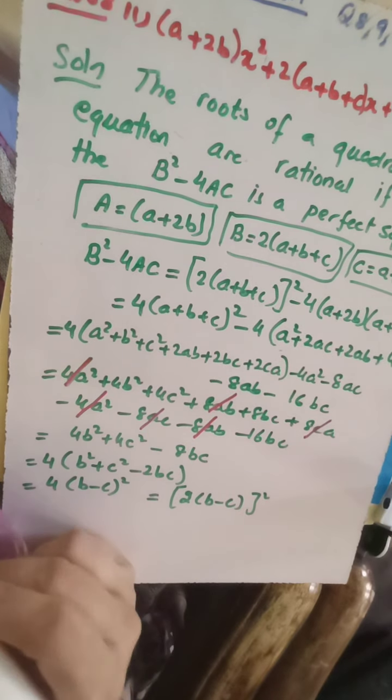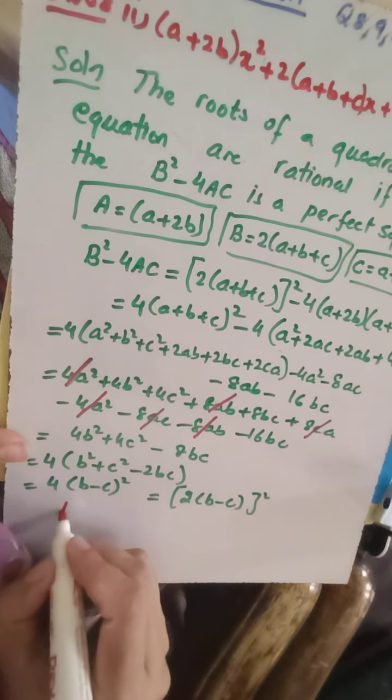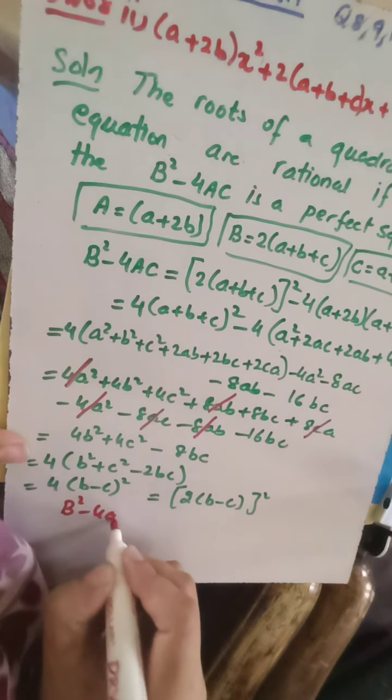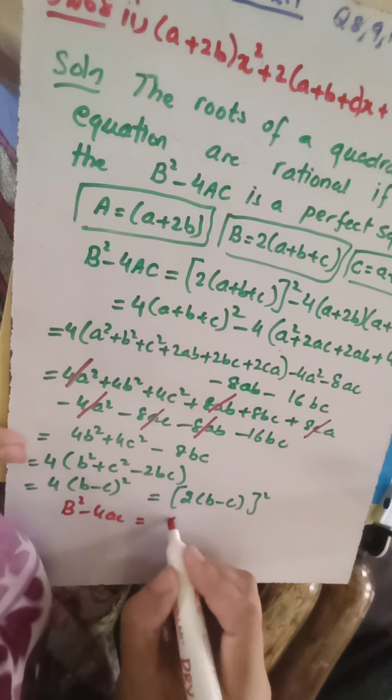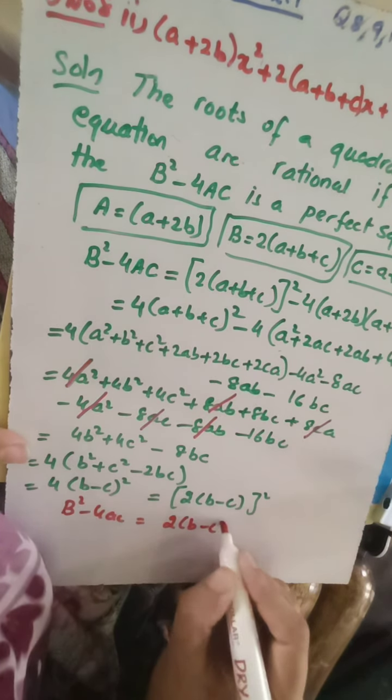We have proved that b square minus 4ac is the square of 2 into (b minus c).